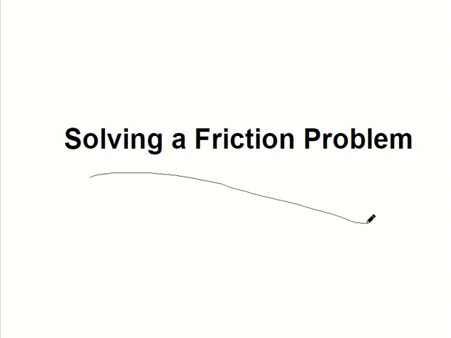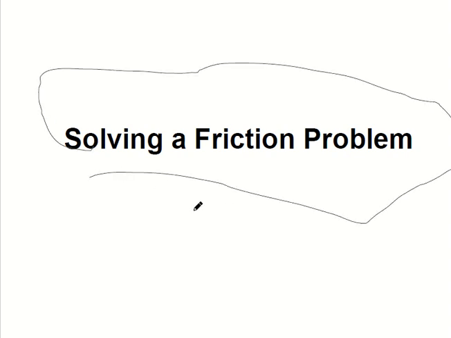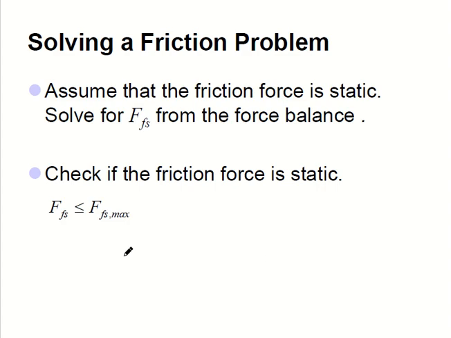All right. Now, you just listen to how we do it. Of course, I am not going to ask you about it, but you at least know how we solve it, and you already have a good idea of how we analyze the force by breaking it down into different coordinate axes. So again, we're going to assume the friction force is static, not moving, and we're going to solve for the frictional force, static friction.